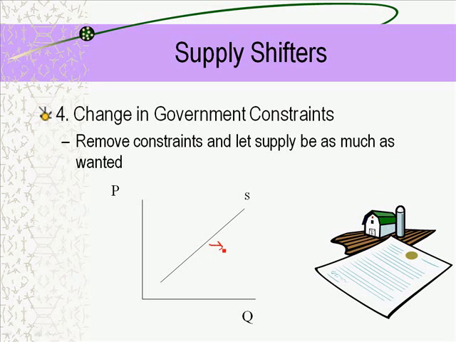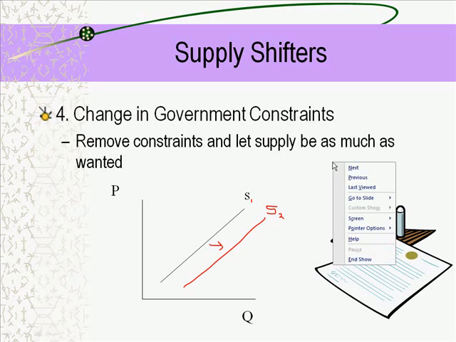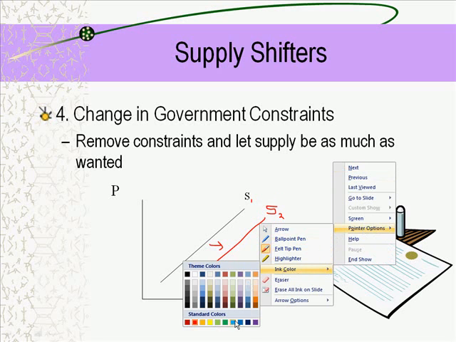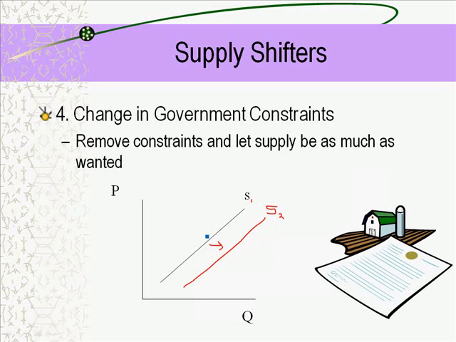If you said supply would increase, you are correct. So when they remove a constraint, supply is going to increase. And if they're going to put a constraint on, and for instance say the dairy industry can only produce so much of this type of milk and so much of this type of milk, we're going to see a supply decrease.